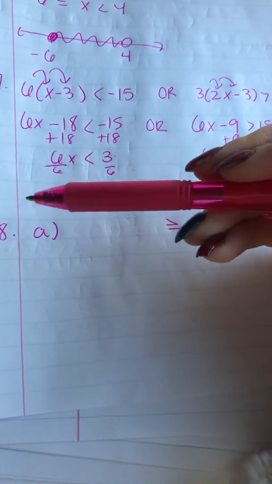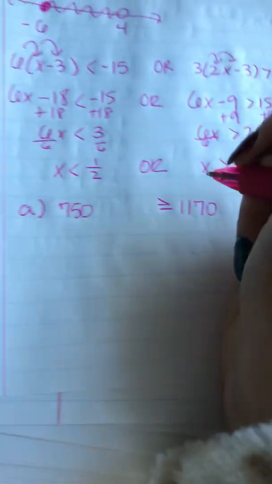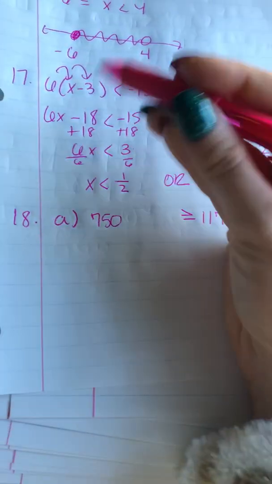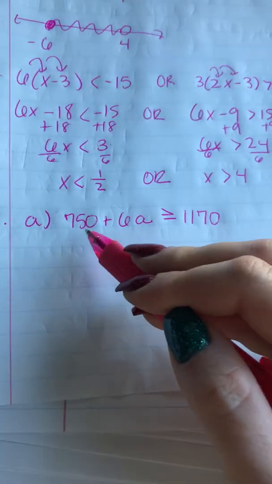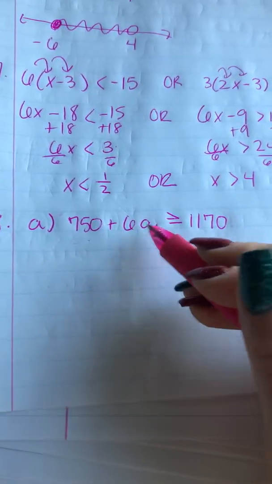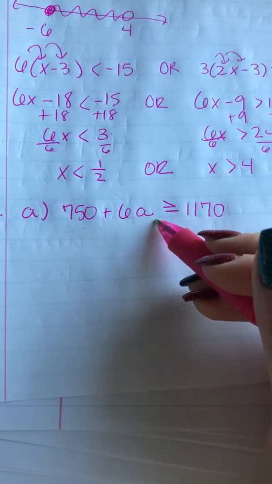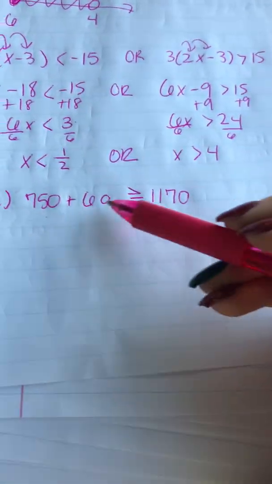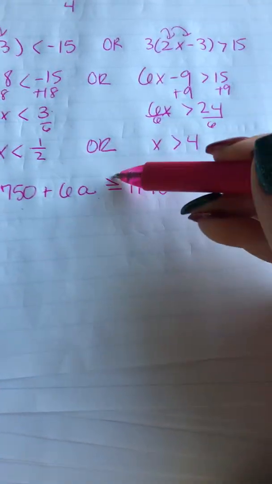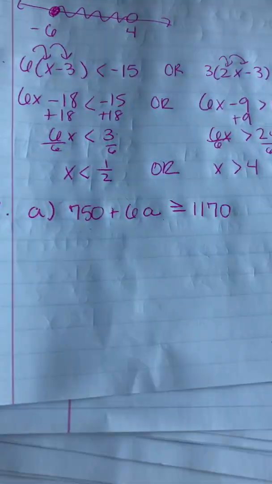Now it has a fixed weekly expense of $7.50. And then each animal costs another $6. So it's $7.50 for the expense plus another $6 per animal. And they wanted us to write and solve an inequality to find the number of animals, so A, for it to be at least 1,170.